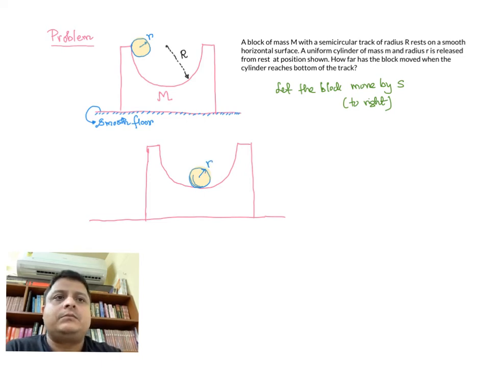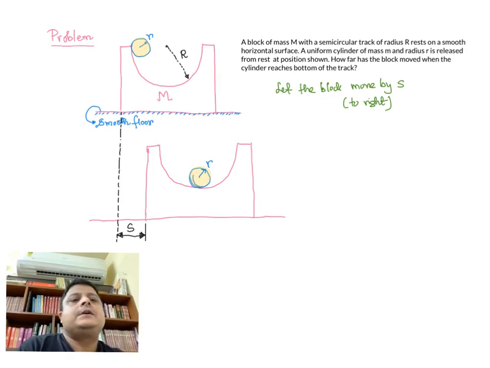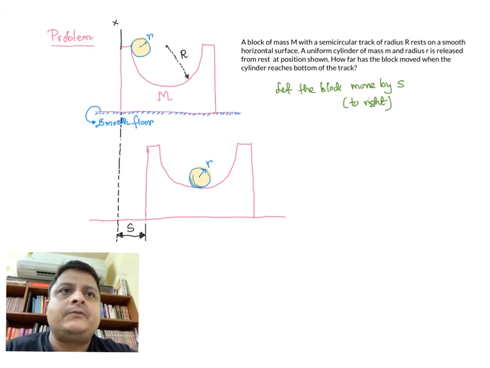As we have assumed that the block shifts by s from here, this distance in the diagram is s. Now we have to choose a coordinate system x equal to 0. So let's choose this as x equal to 0, no problem in it.